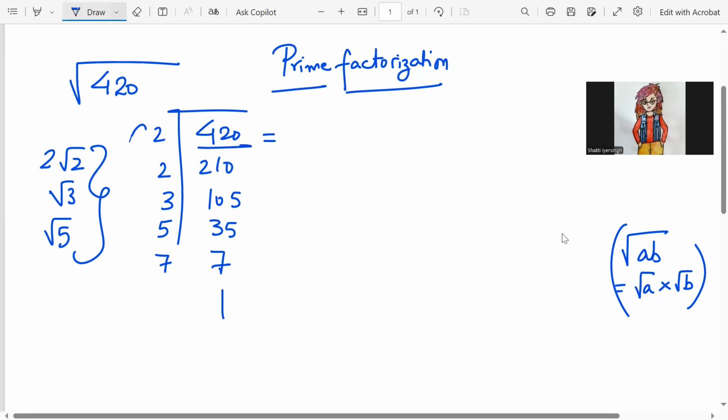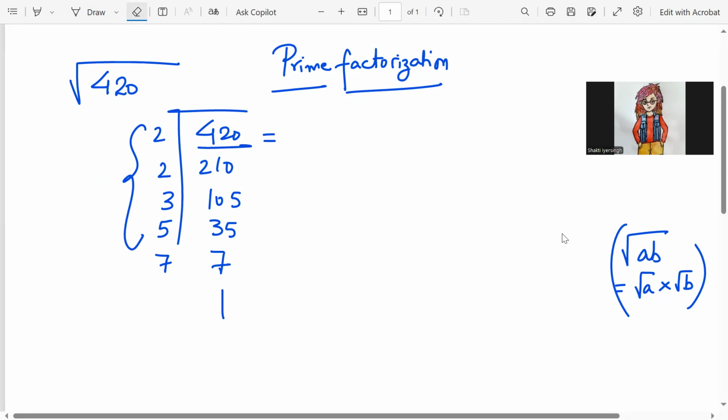So the prime factors list is here. And 2 squared, because 2 happens twice, and times 3 times 5 times 7.